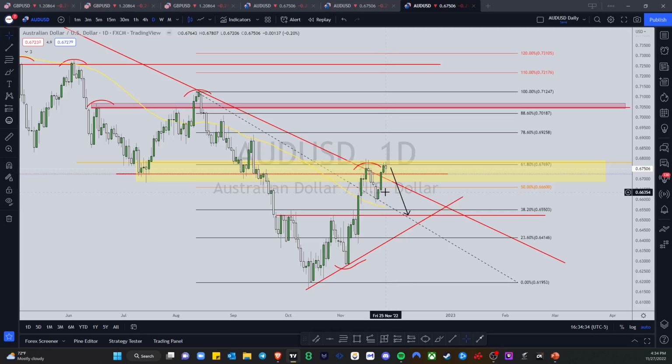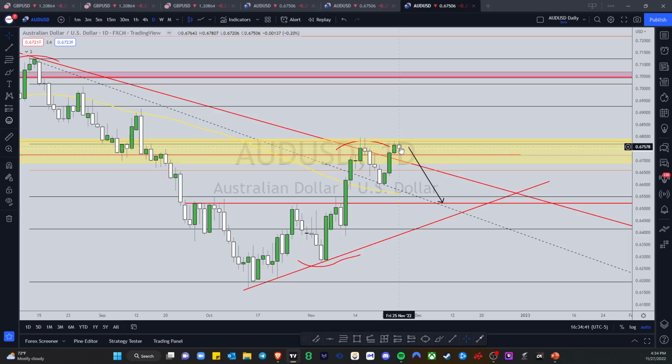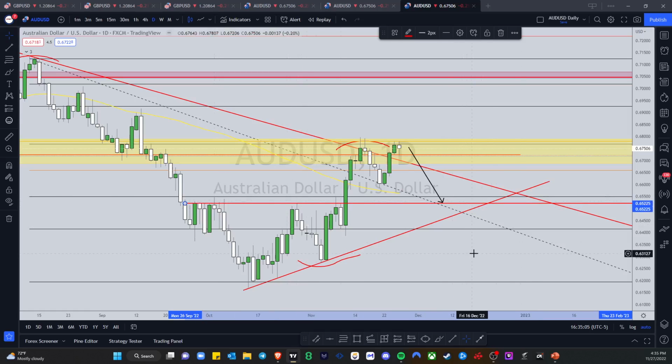So two things we need to see happen on daily right now: first, on lower time frame at this yellow area right here, we need to see a break of structure, so we could look for a sell opportunity and then ride that lower time frame downtrend all the way to this level of support that we expect at the 65,500 area.